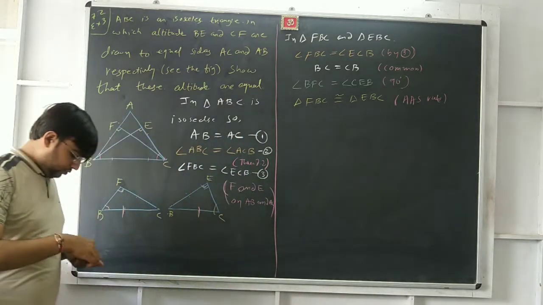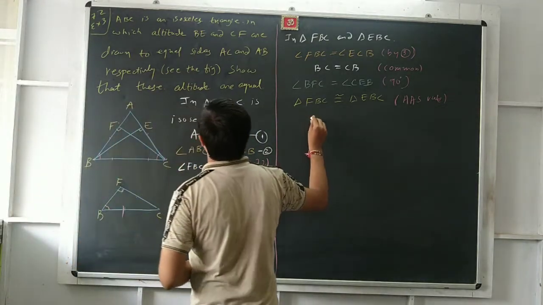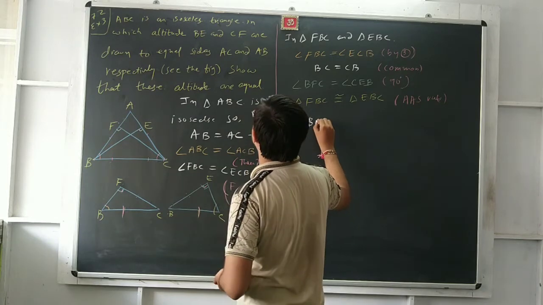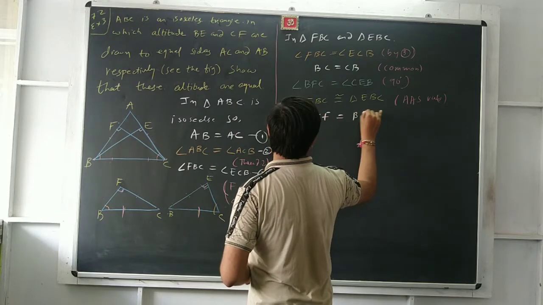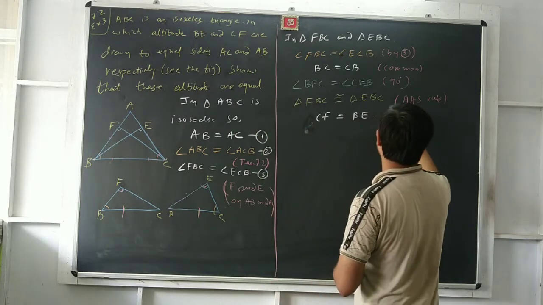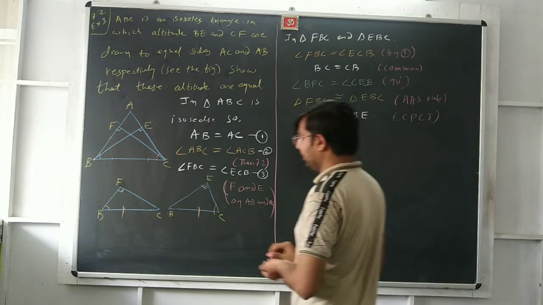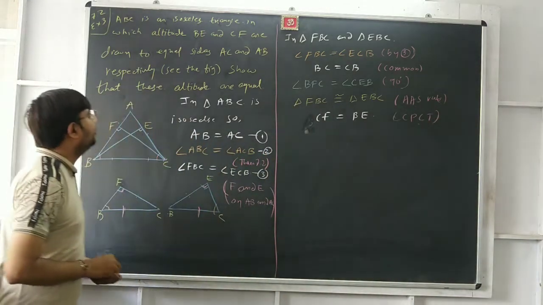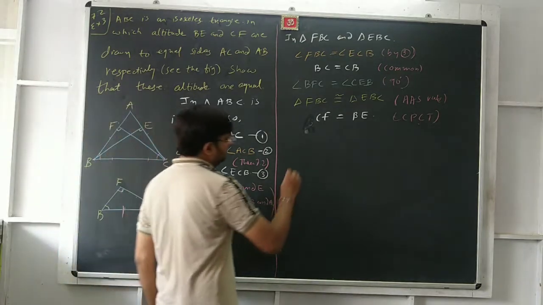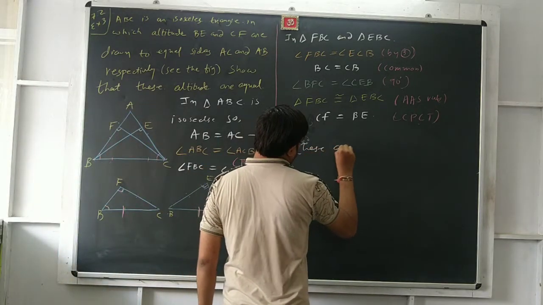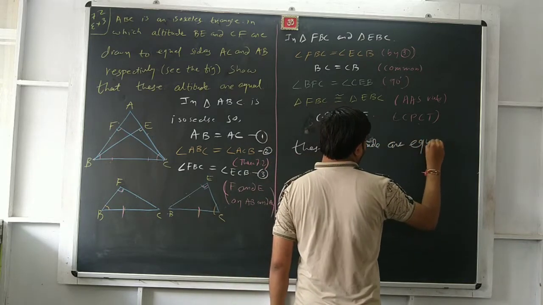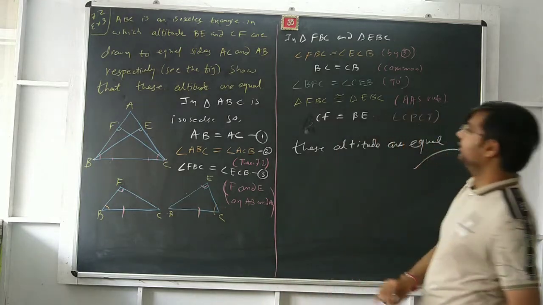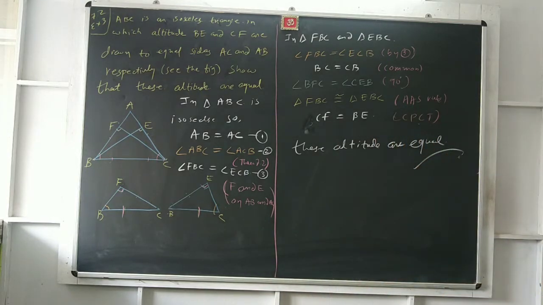So we can also write that CF is equal to BE by CPCT. So these altitudes are equal. Okay, see carefully and write down in your notebooks.